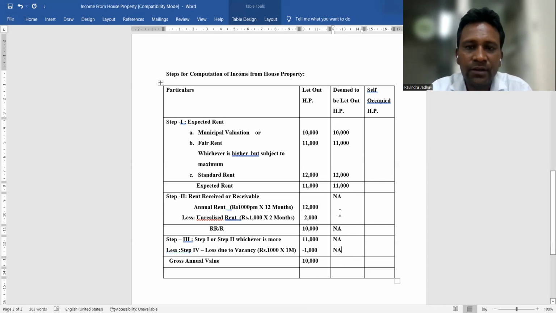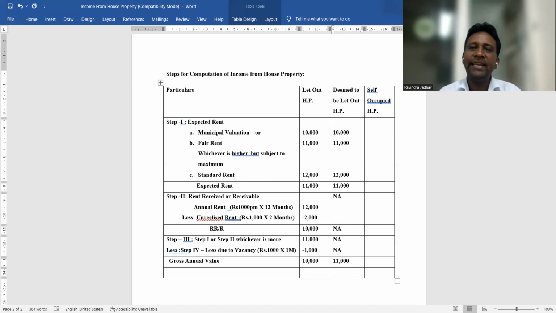Okay, other things are not applicable. So in case of deemed to be let out house property, only first step is applicable, and this is the gross annual value for deemed to be let out house property. That is 11,000. That is 11,000 is the gross annual value in case of deemed to be let out हाऊस प्रॉपर्टी.